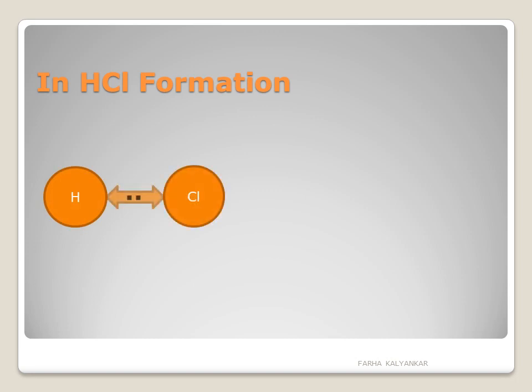In the formation of HCl, I have one atom of hydrogen and one atom of chlorine. Both of them form a covalent bond by sharing one electron each. Now, we know that electronegativity is the tendency of an atom to attract a shared pair of electrons towards itself.